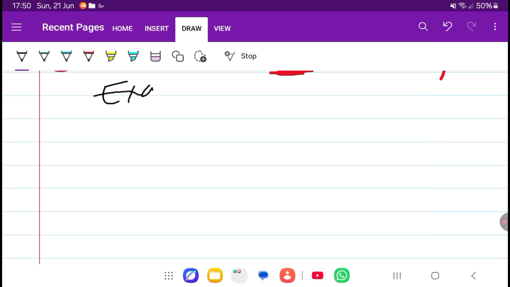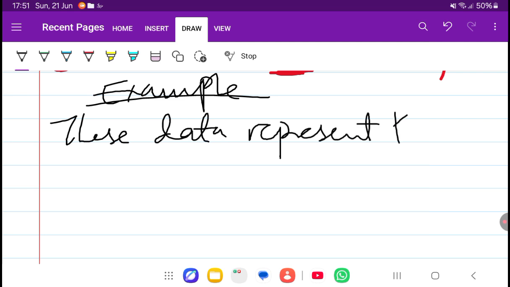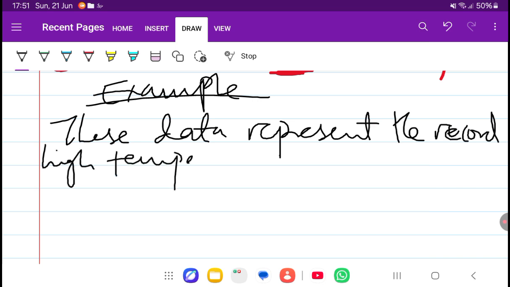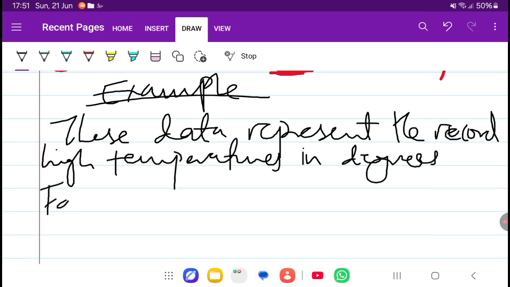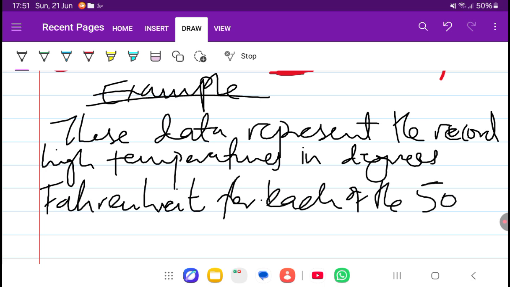Example: this data represents the recorded high temperatures in degrees Fahrenheit for each of the 50 states.